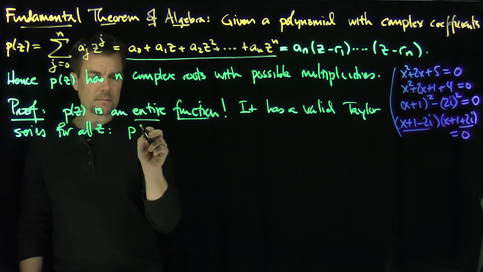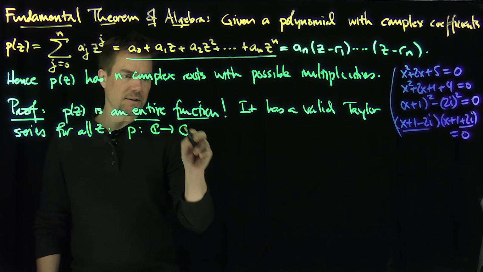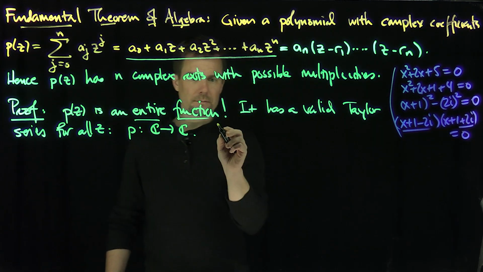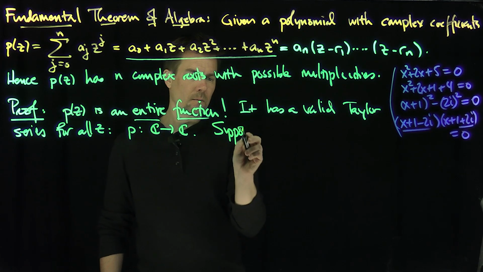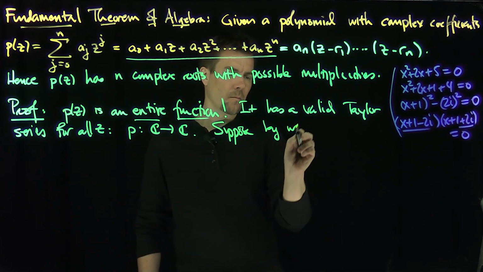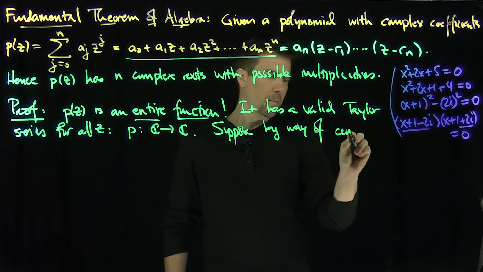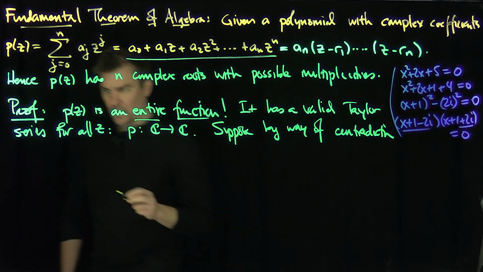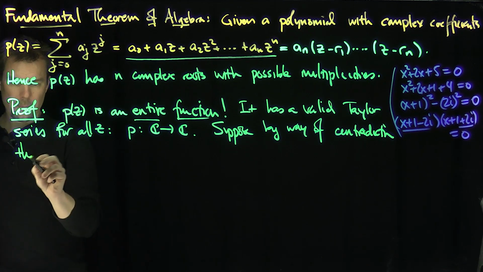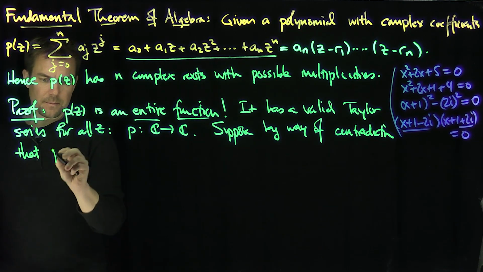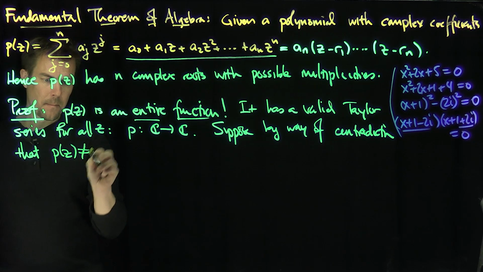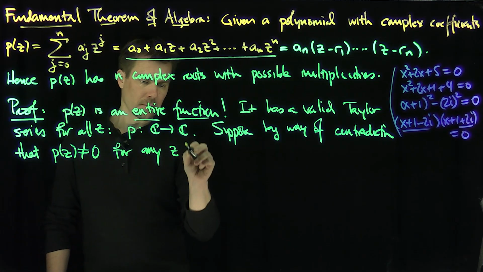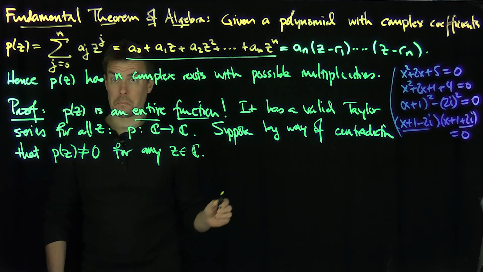So in other words, P of z, P maps C into C, okay? Now, let's suppose by way of contradiction that P of z was never equal to 0. Okay?